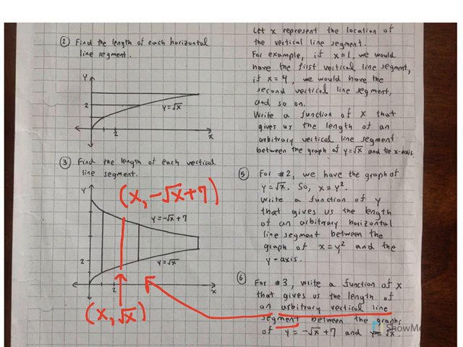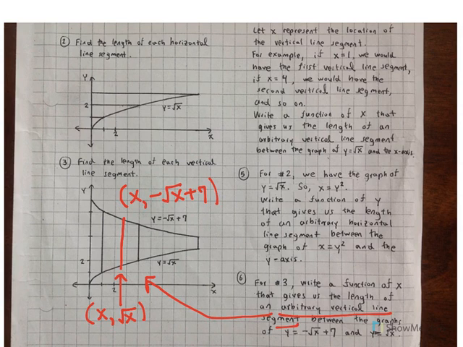So now we're looking at this arbitrary vertical line segment between the two graphs. Its location is given by the x-coordinate of either the top or the bottom endpoint. And to find the length of it, we're going to do the same thing that we did in number 3. We're going to subtract the y-coordinates of the top and the bottom endpoints in that order, top minus bottom.